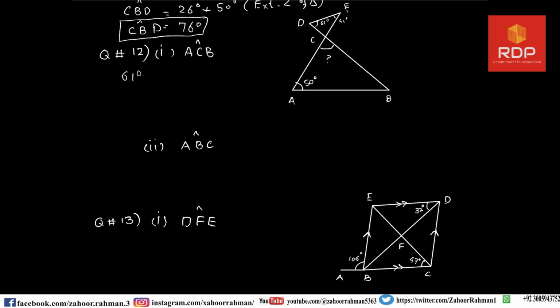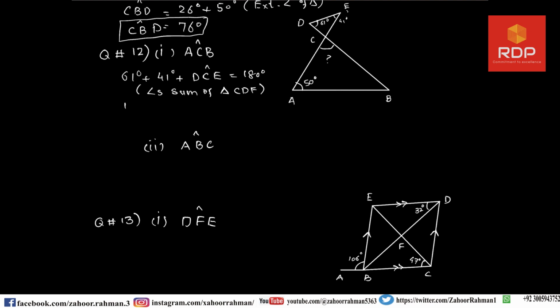So let us start this: 61 degrees plus 41 degrees plus DCE is equal to 180 degrees, and that is the angle sum of triangle CDF.